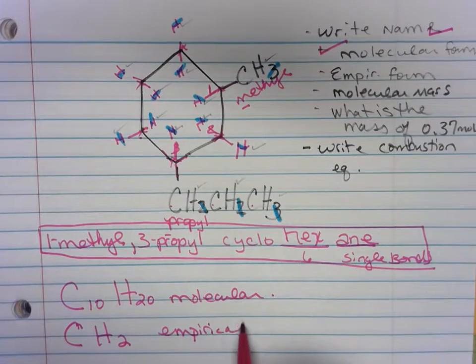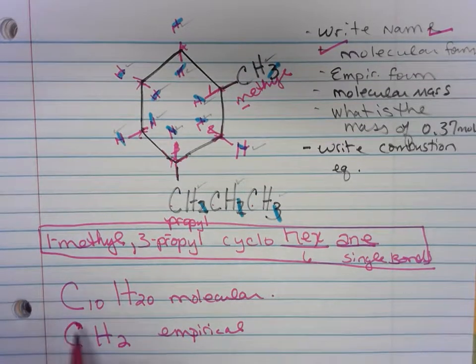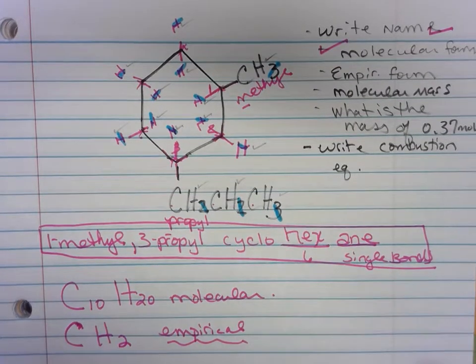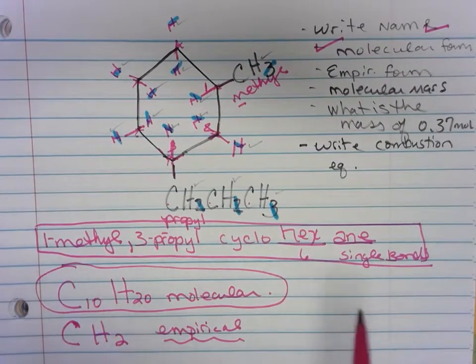That just means for every one of these, you've got 2 of these. Now, the empirical formula is mainly a lab type of thing. When we do lab analysis, we're finding a ratio of one thing to another thing. This is what we're going to use most of the time.